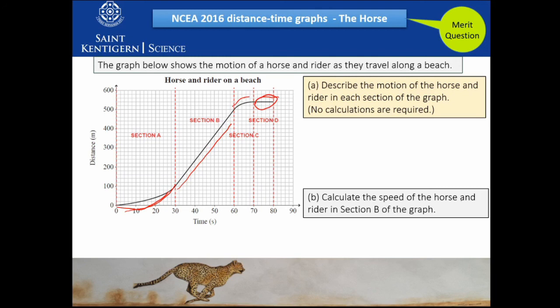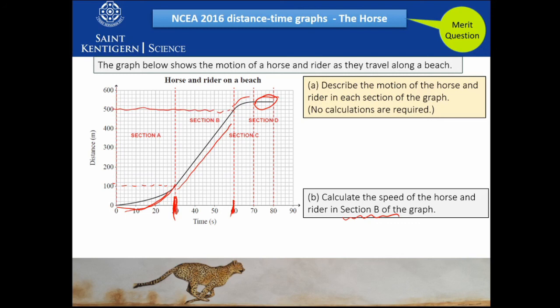Done that. Calculate the speed of the horse and the rider in section B of the graph. So section B is there to there, and there to there. Okay, so please pause and then come back for a model answer.